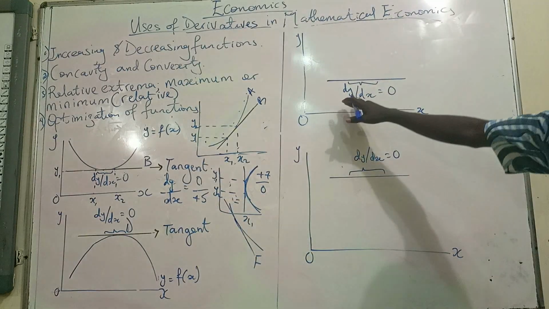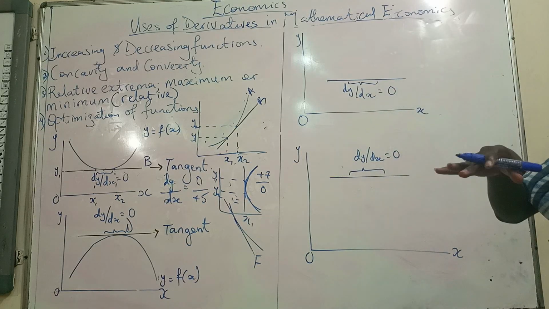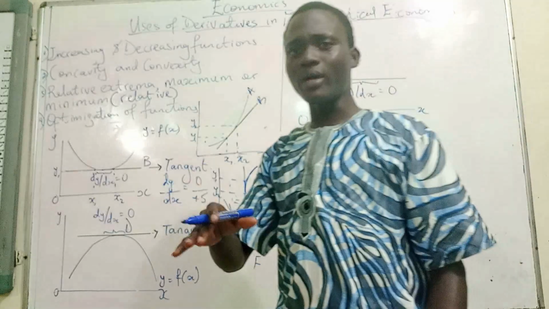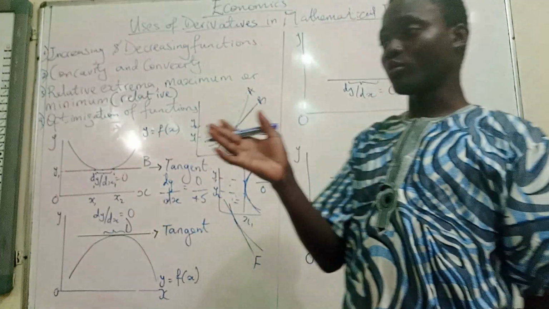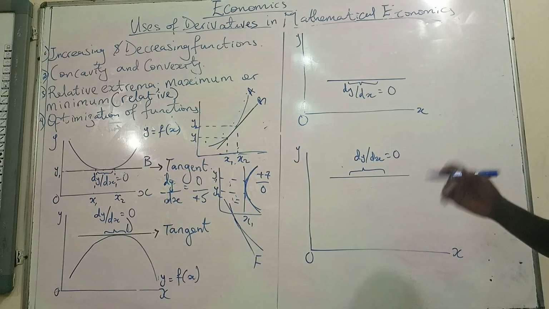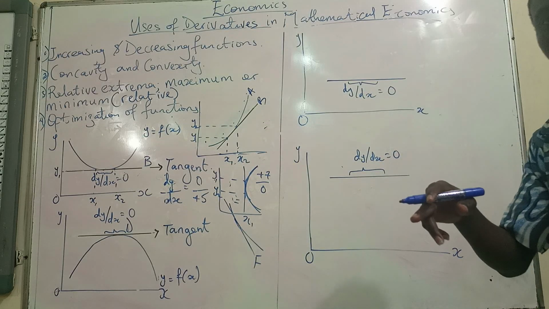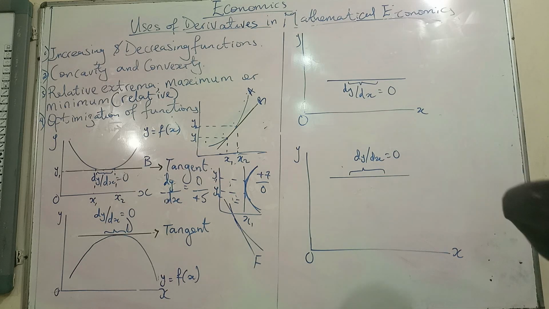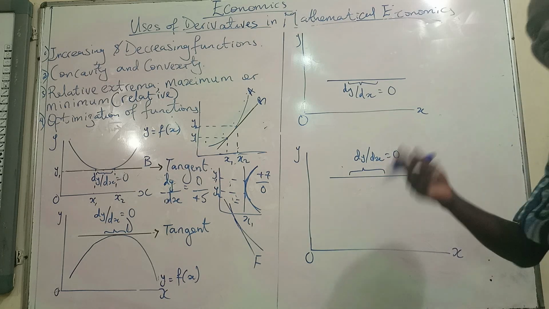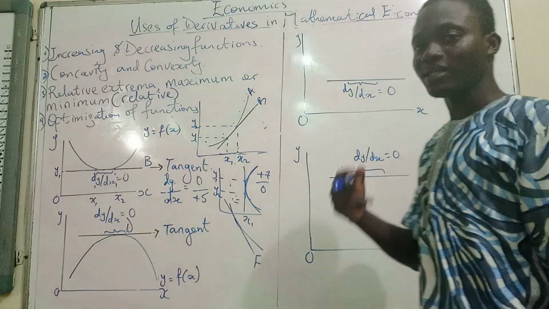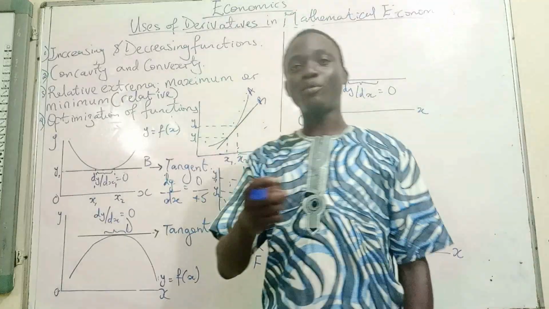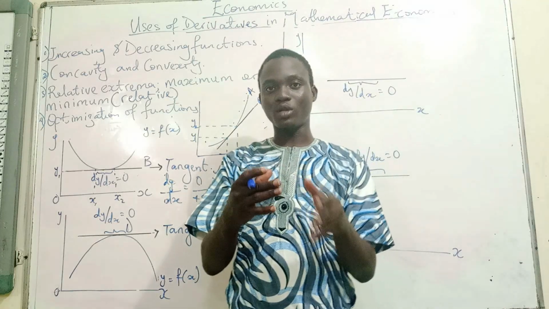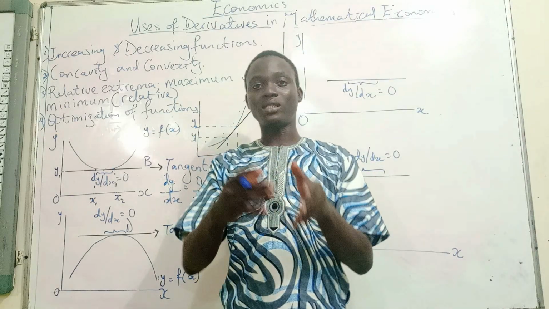So you set the first derivative equal to 0, then you will get values. The values that you are going to get are called critical values. You may want to note that. The next thing is to find the second derivative of that function. We are going to do that in the next video, so just watch out for that. When you find the second derivative, the first derivative is talking about the first slope, and that is equal to 0.